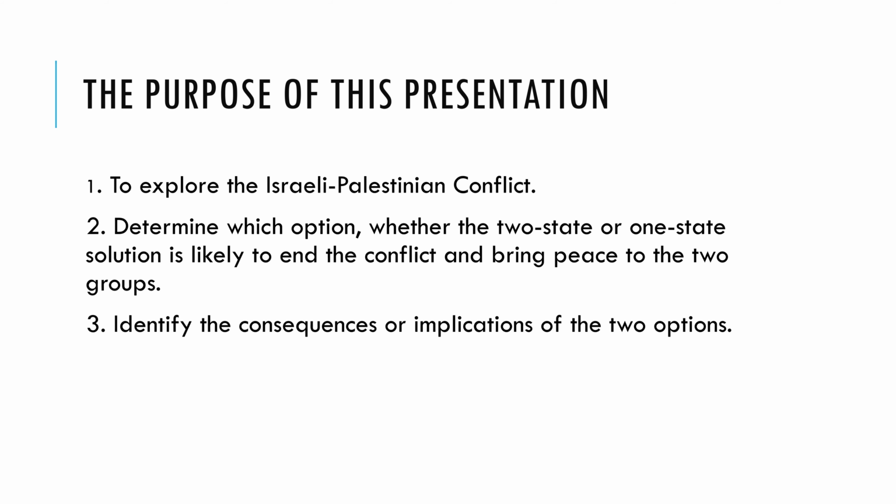Two, determine which option, whether the two-state or one-state solution, is likely to end the conflict and bring peace to the two groups. And three, identify the consequences or implications of the two-state option compared to the one-state option.